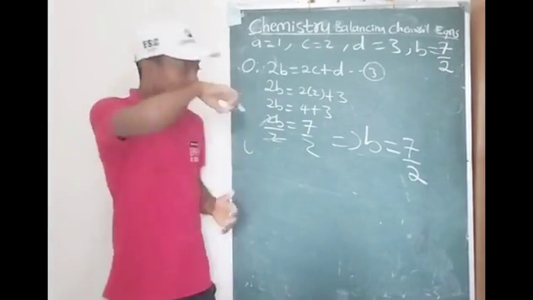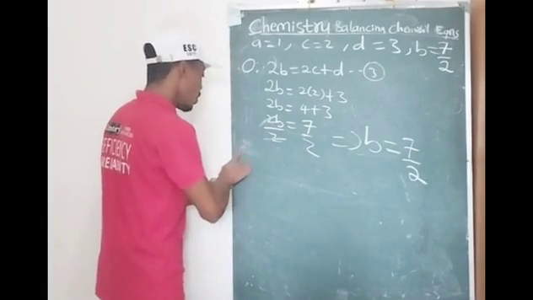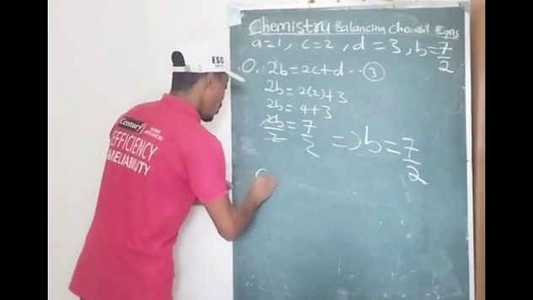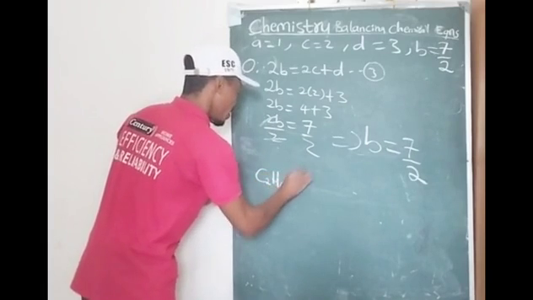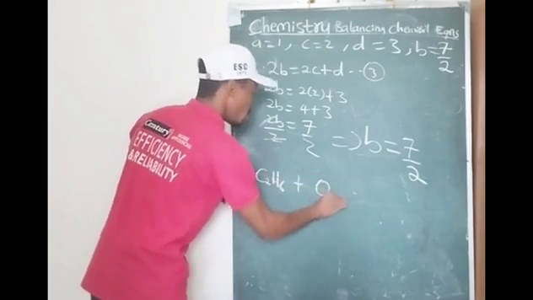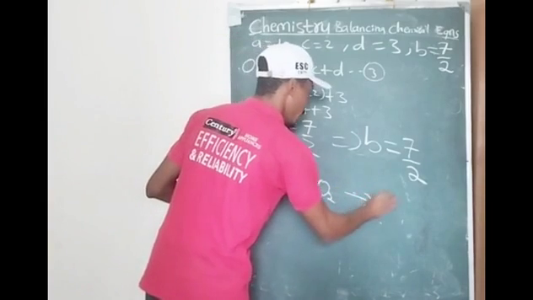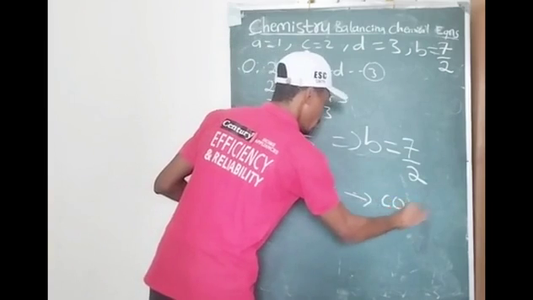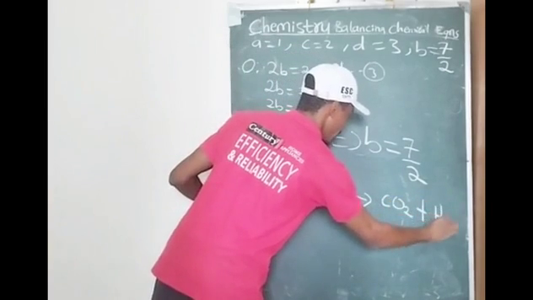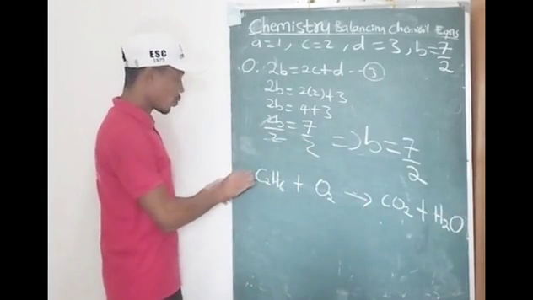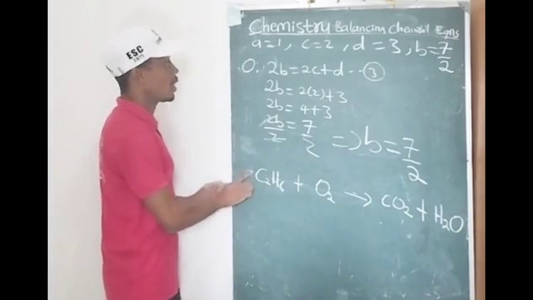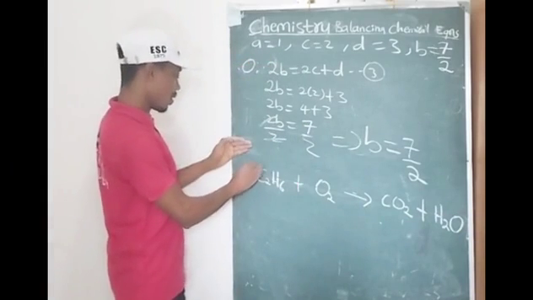Alright, so remember what we had was C2H6 plus O2 giving us CO2 plus H2O. And we said this was A, and our A is 1.